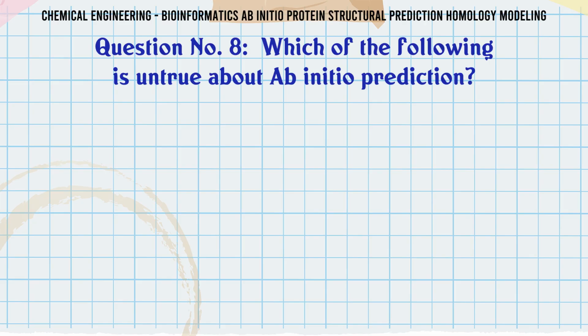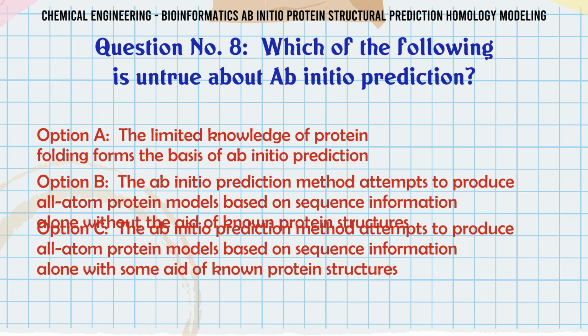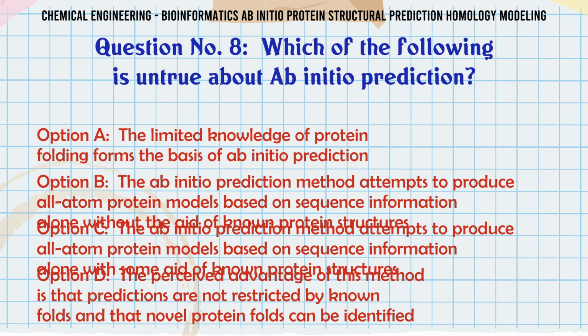Which of the following is untrue about ab initio prediction? A. The limited knowledge of protein folding forms the basis of ab initio prediction. B. The ab initio prediction method attempts to produce all-atom protein models based on sequence information alone without the aid of known protein structures. C. The ab initio prediction method attempts to produce all-atom protein models based on sequence information alone with some aid of known protein structures.